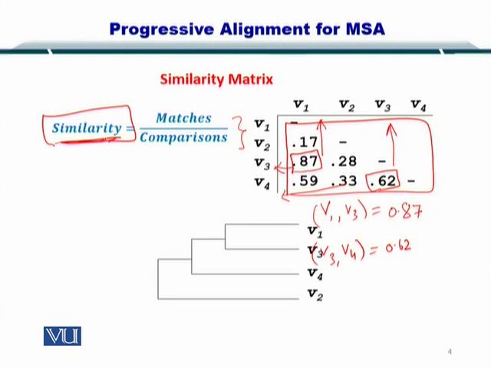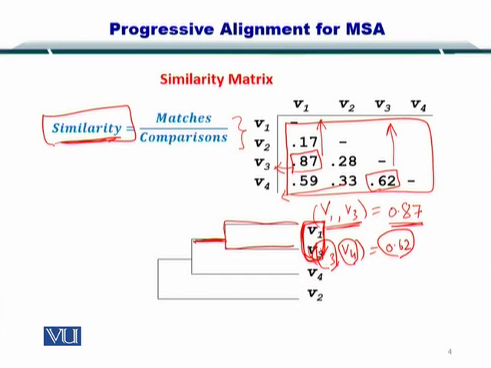And now you want to create a guide tree, and you can see that V1 and V3, which had the most similarity, are present on the same branch. And next, V3 and V4 had a score of 0.62, which meant that they were slightly less similar to V1 and V3.